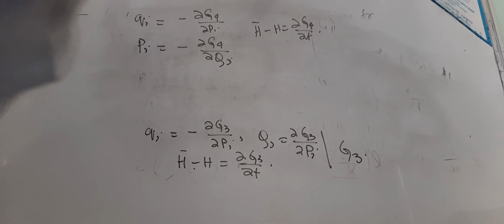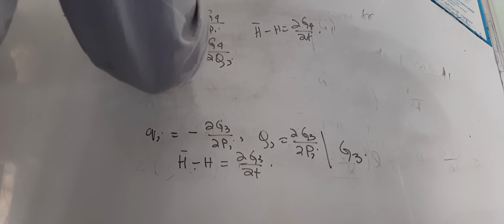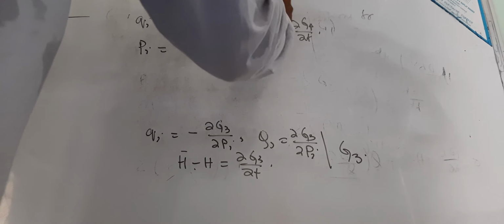So this is how we are able to generate G1, G2, G3, G4, going from small p, small q to capital P and capital Q.